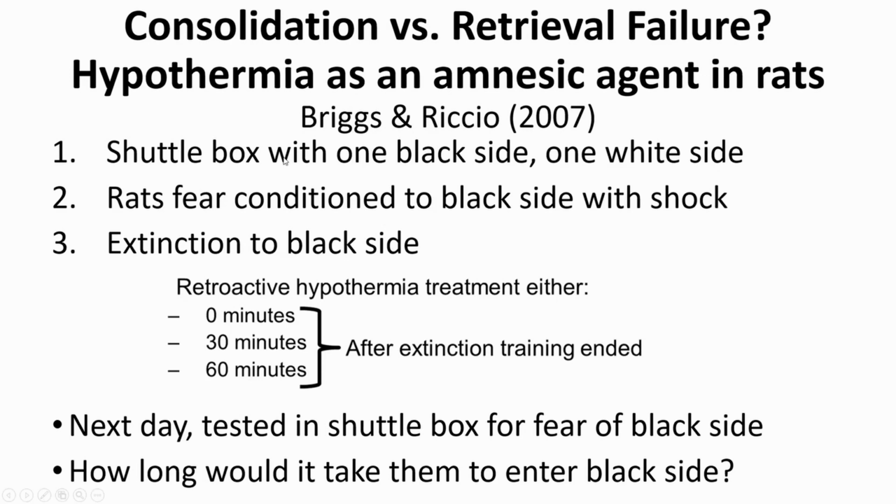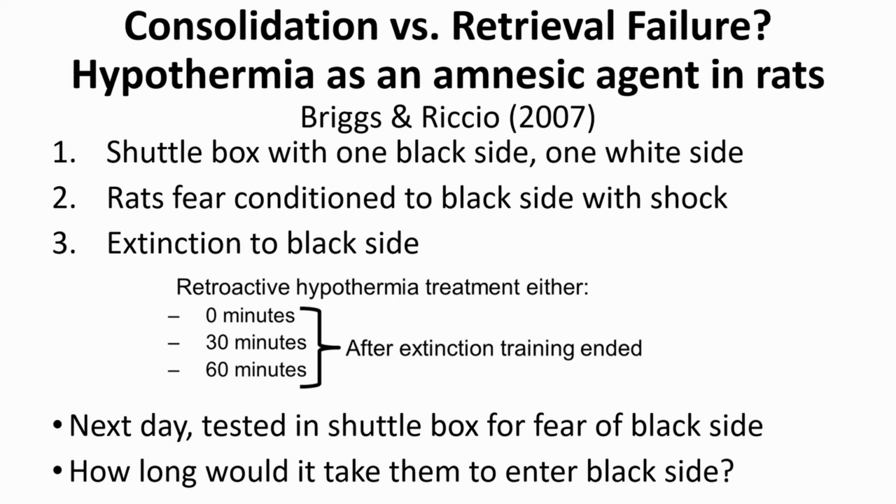So here we're going to look at an experiment that's going to help us pick apart whether something's happening due to consolidation problems or retrieval failure. So consolidation issues would be that we're having trouble moving information into long-term storage, whereas retrieval failure would be that we're struggling to pull things back out of storage.